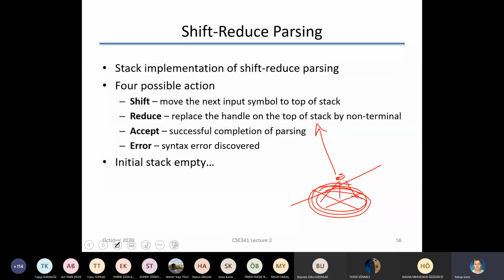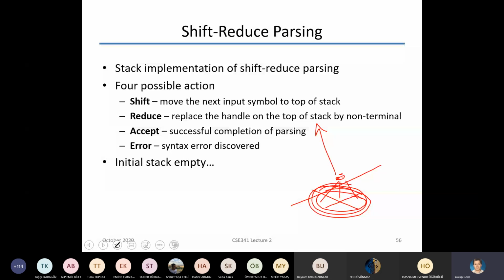This would mean that you have reached your start symbol, and there is no input left. The other is an error, when a syntax error is discovered, meaning perhaps you reached a start state and you still have input left, or you have reached a conflict situation where you cannot decide what to do. We are going to talk about this in a few minutes.